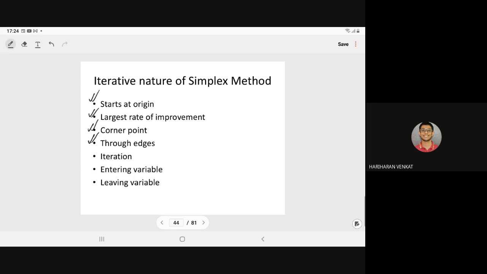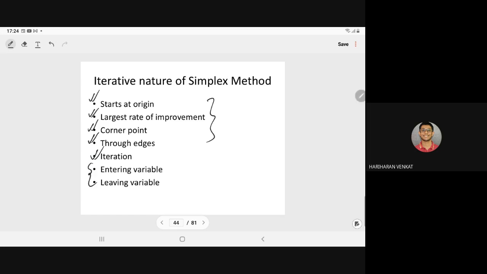These types of movement are known as iterations. In each iteration, for each corner point, for each solution, we know that a few are non-basic variables and a few are basic variables.